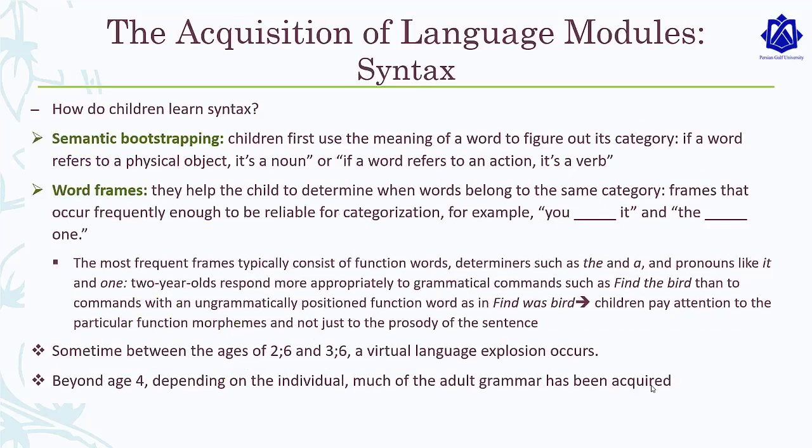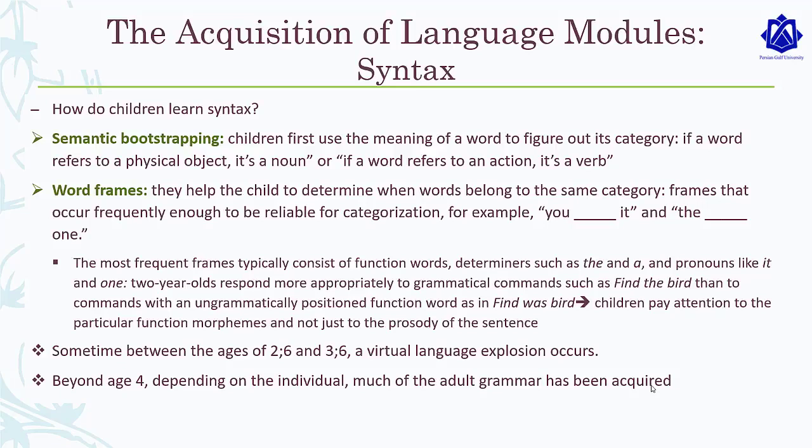Now, the question is, how do children learn syntax? One way is semantic bootstrapping. That is, they use the meaning of words in order to figure out what is its category. For example, if the word refers to a physical object, it's a noun.